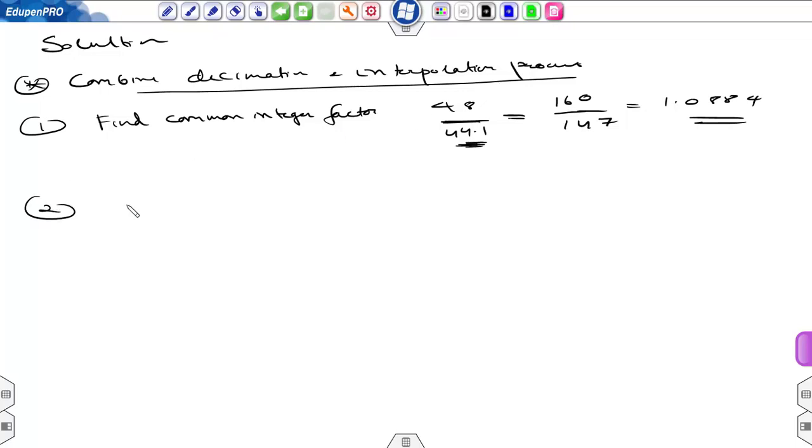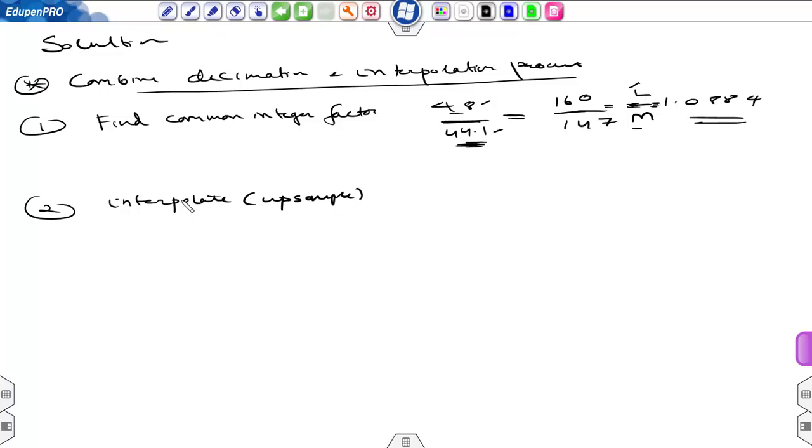Now in the second step, interpolate, or you can say upsample. Let's say this is L by M, because we have used L for upsampling and M for downsampling.